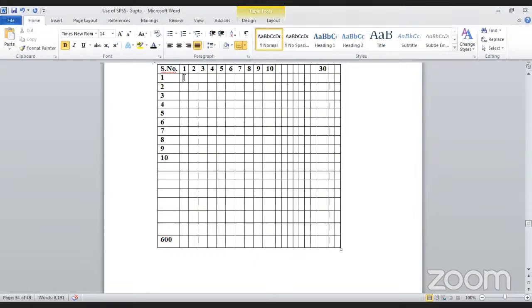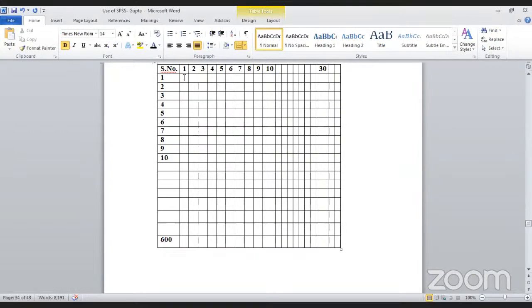So in case of a test, somewhere you may have 0, somewhere you have 1. And in case of a scale, you will have either 3 or 2. If it is a 5-point scale, then on a particular item, a particular person may have 5 score, another person may have 3, another may have 1, depending upon the response.